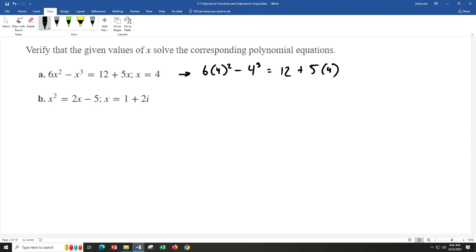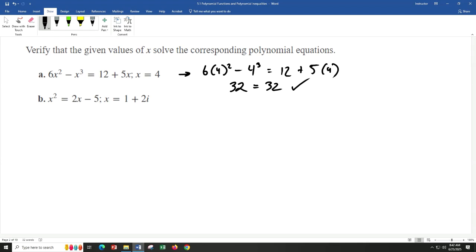Notice when you do the math of this, I'm just going to help you out there. 4 squared is 16. Right here, you should get 32 on that side. When you do the other side, notice 5 times 4 is 20. 20 plus 12 is 32. That works out. Pretty good on that one.